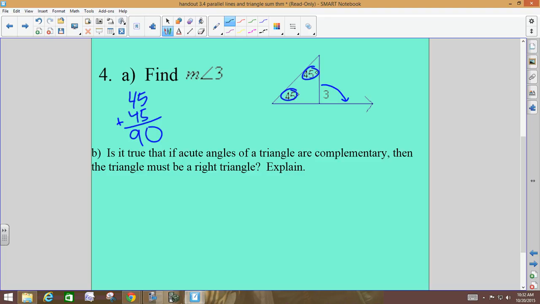Good. You can use the triangle angle sum theorem. Because Dylan, the triangle angle sum theorem says all three of these angles have to add up to what? Right, and if I use what Wagley said, 45 plus 45, I get 90. And 180 minus 90 tells me that this angle has to be 90, right? Therefore, the one adjacent to it, angle 3, would also have to be 90 because they form a straight line.